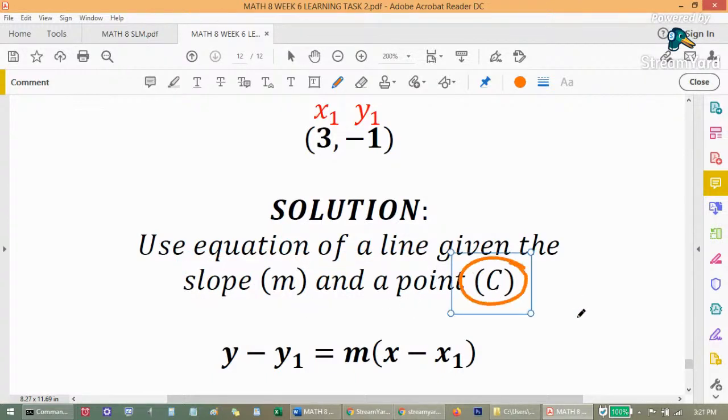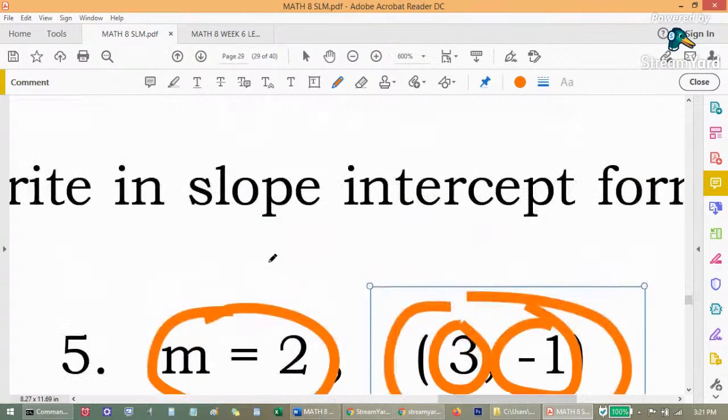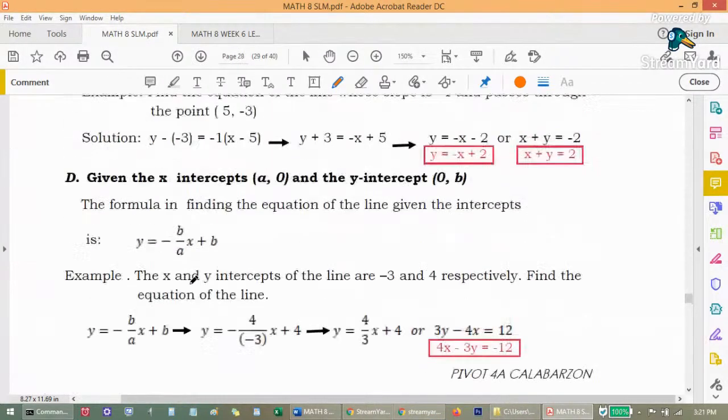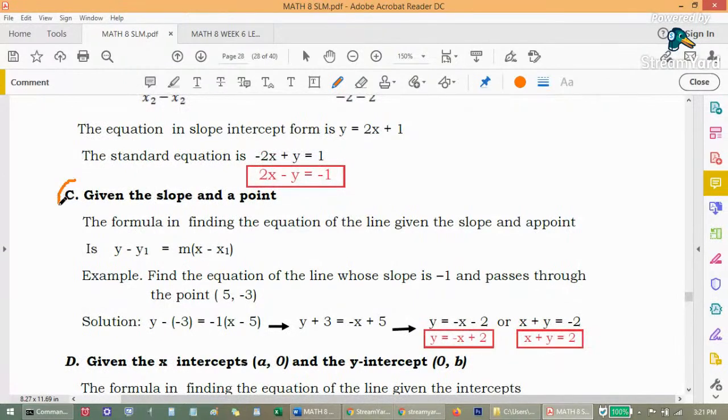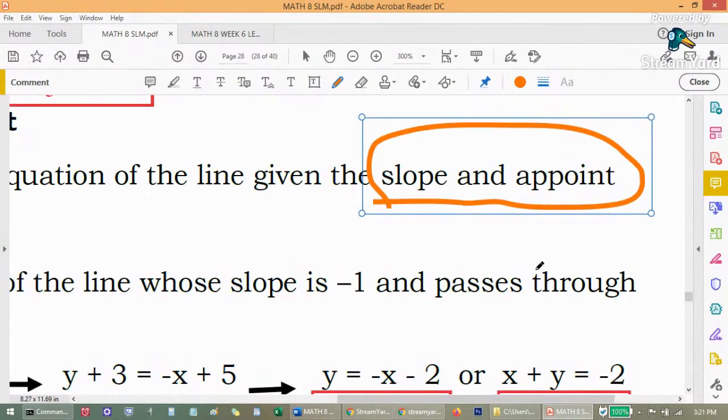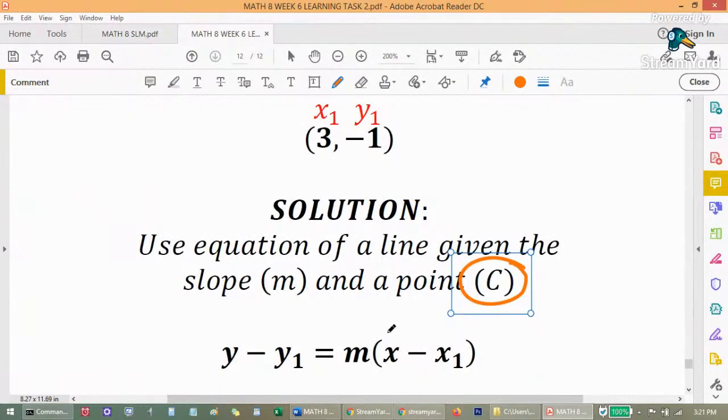Letter C. Slope and a point formula. Okay?